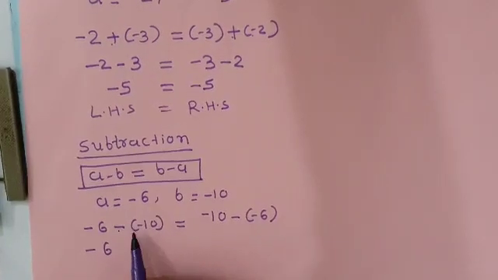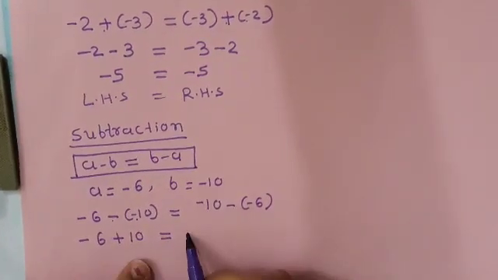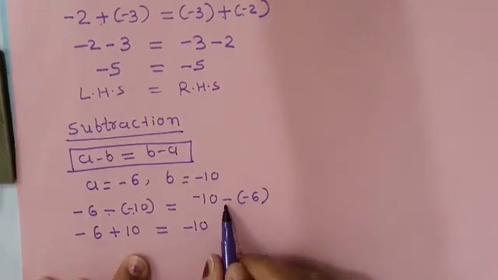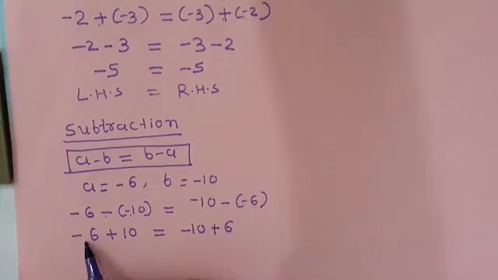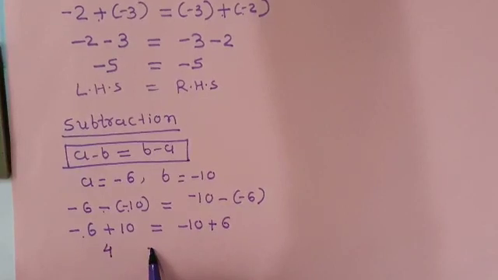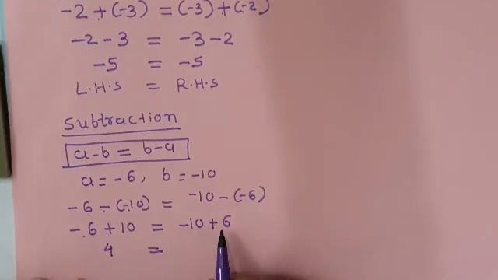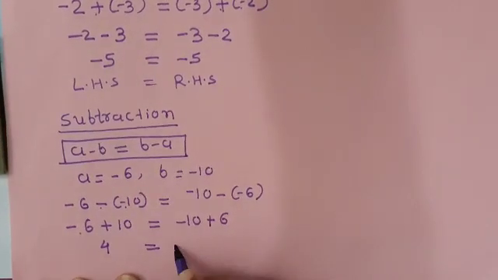-6, now minus minus becomes plus, so -10 will become plus 10. So -6 plus 10 is equal to 4. And -10 plus 6 is equal to -4.